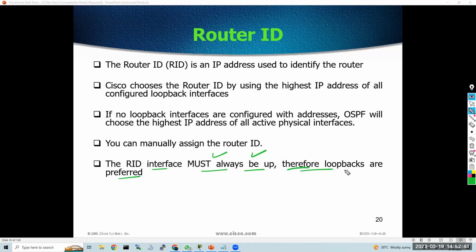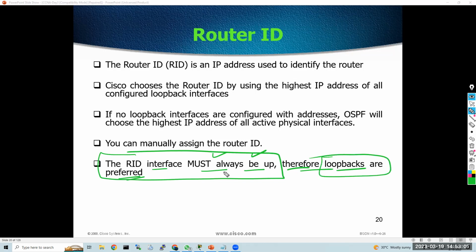That's the reason loopbacks are preferred, because a loopback is your virtual interface, not a physical interface. So your router ID will preferably be the loopback. Got it, guys? This is quite important to understand.